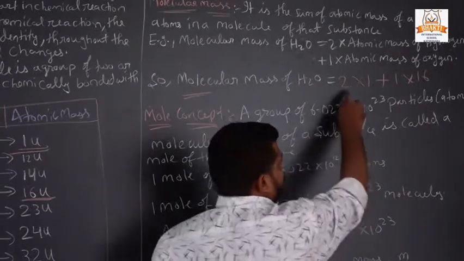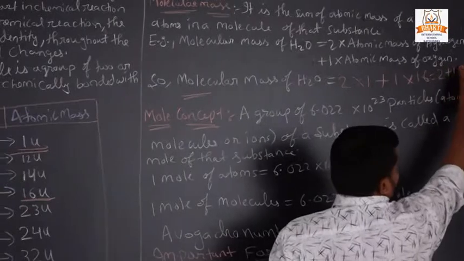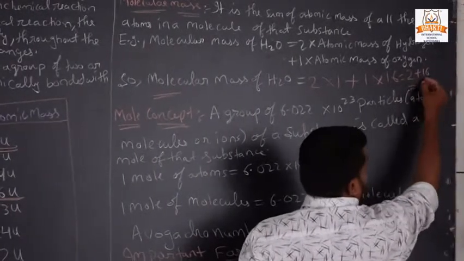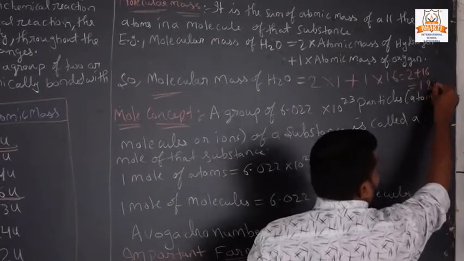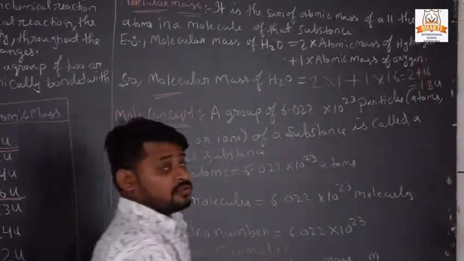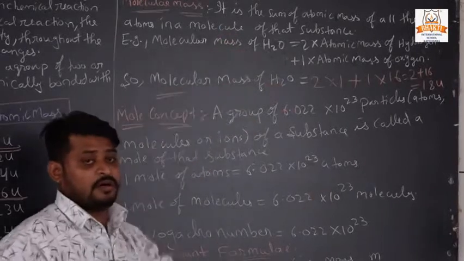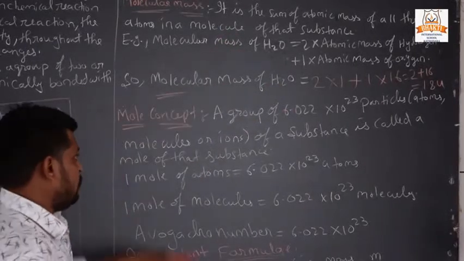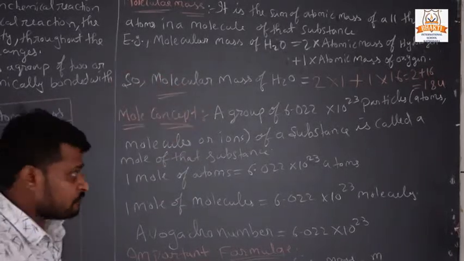Then 2 plus 16 gives 18, so the molecular mass of H2O is 18. Like that we will solve for any compound. We use this formula to find the molecular mass.